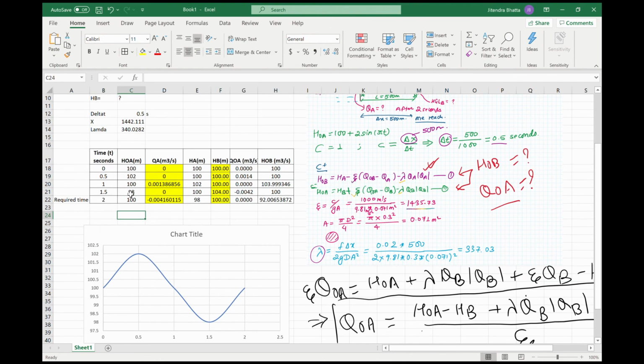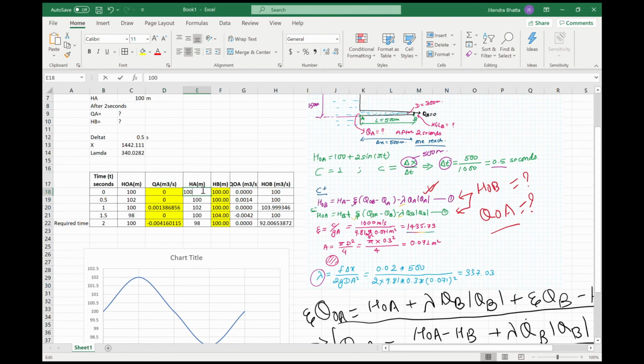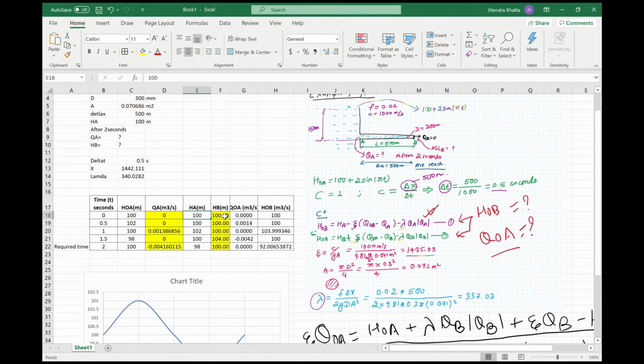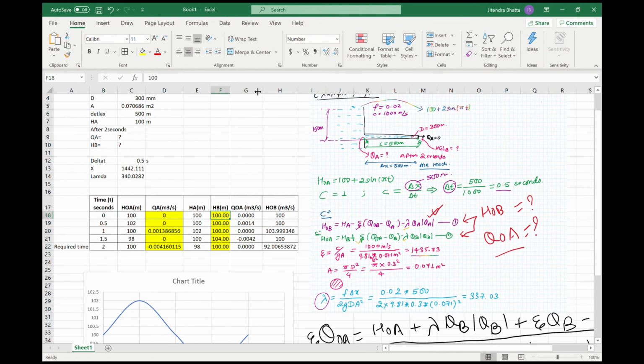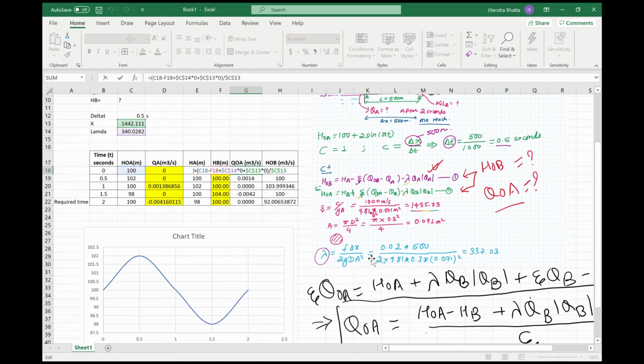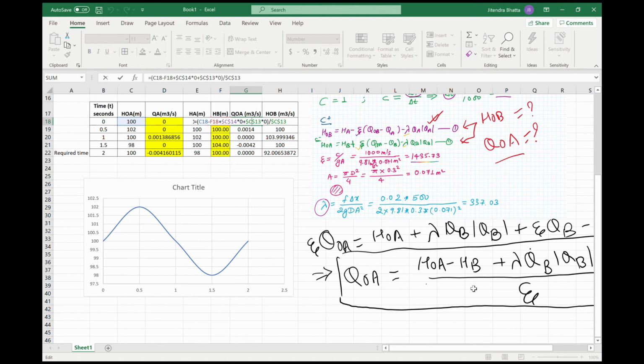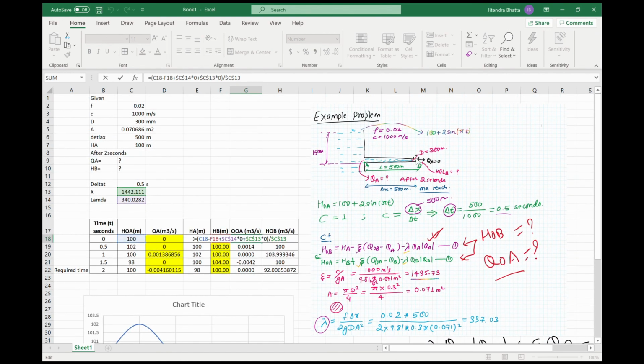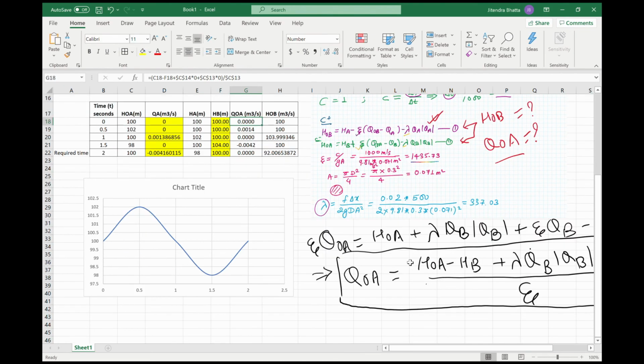And then your QA for the first case equals 0, head at A equals 100, head at B can be assumed to be 100 as well. So this flow QOA is given by this equation here, where your QB is always 0 because this is closed, so there will be no flow outside. So this equation will reduce to HOA minus HB by xi.